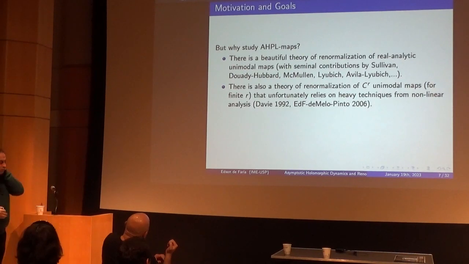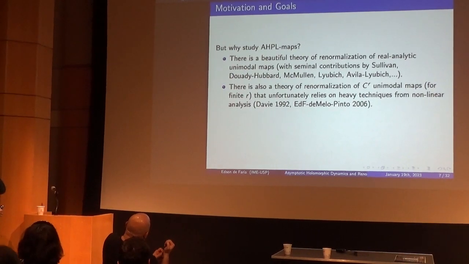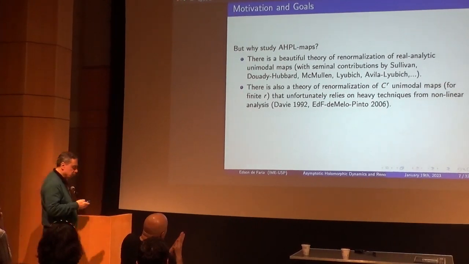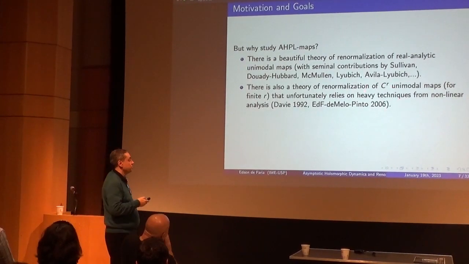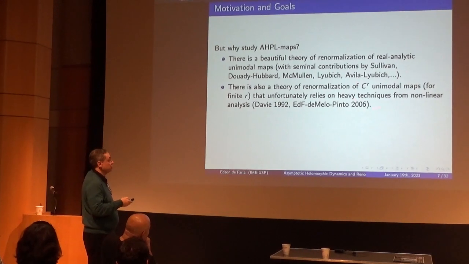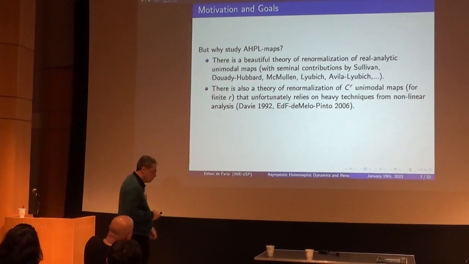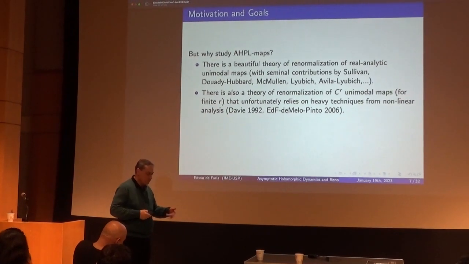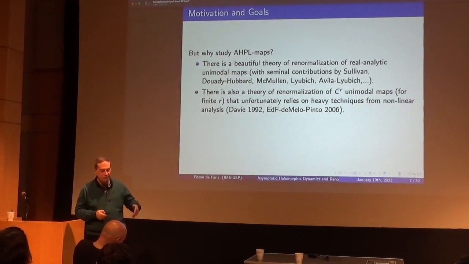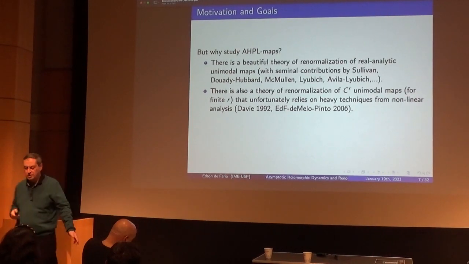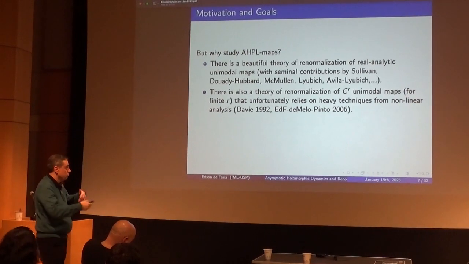You would like to know that renormalization there is also hyperbolic in some sense, but you start running into a lot of technical problems, because renormalization involves composition, and composition is notoriously ill-behaved from the differentiable viewpoint. It's just a continuous operation. It's not even Holder continuous.